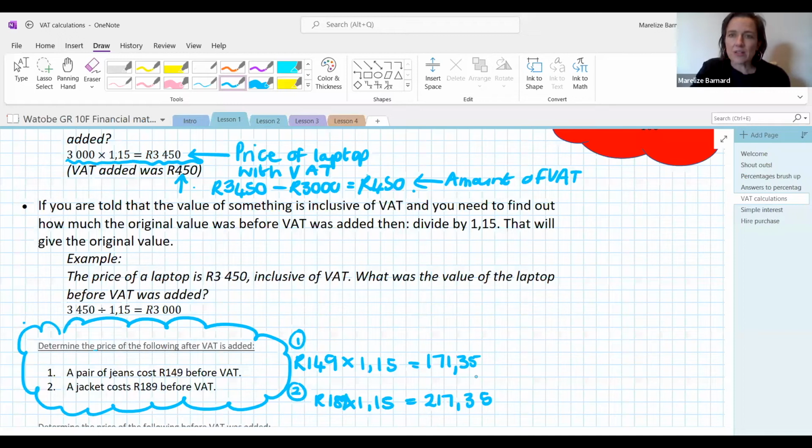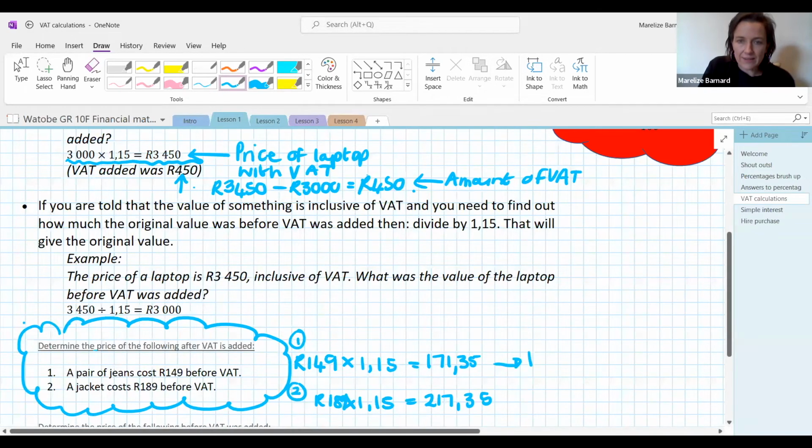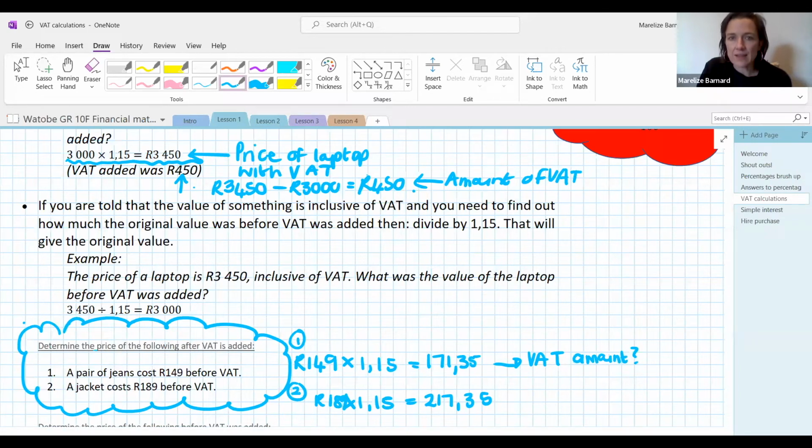Last calculation I just want us to do is how much VAT are you actually paying? So what is the VAT amount here? Pop it in the chat. So how much is the actual VAT portion? Nice, Nkilekita, that's right.